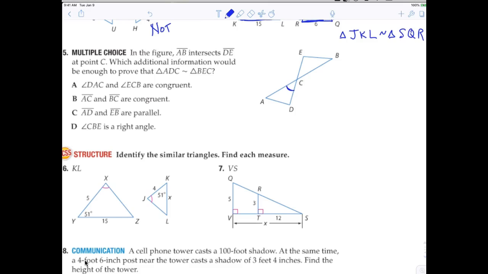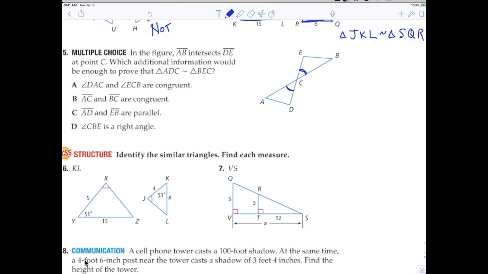Angle ACD is equal to angle BCE. Perfect. Now, the next thing I like to see is, since I'm given one angle, the easiest way is to find what? Another angle, because we at least need what? 2 sides. Do you agree with that? All right, so let's see what it says.